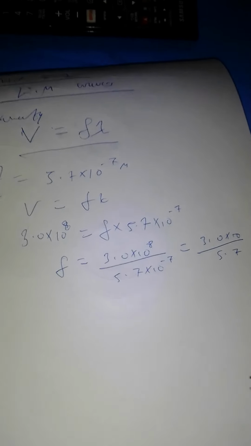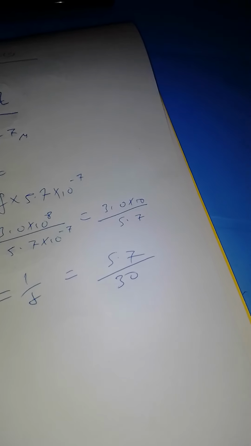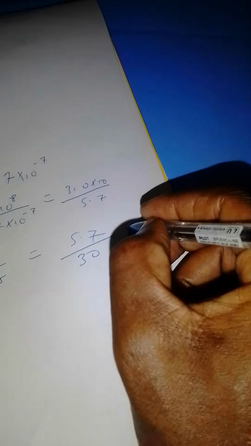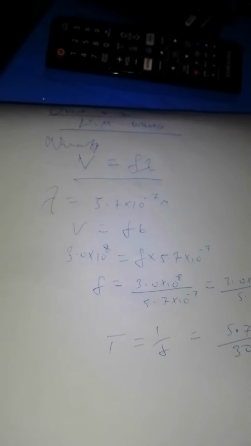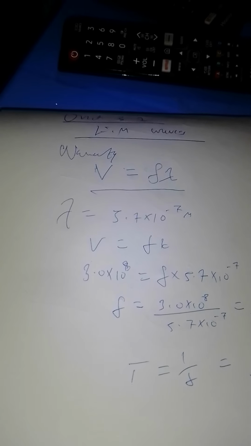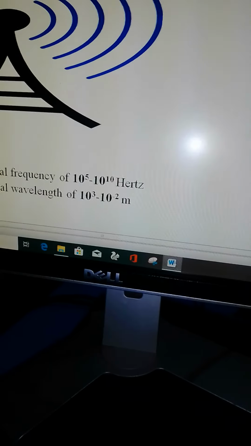This is our f, and since you have f, you can say T is equal to 1 over f, which is equivalent to 5.7 over 30. So that is our T in seconds. That's how to solve this in a very easy way. I think that is very important.